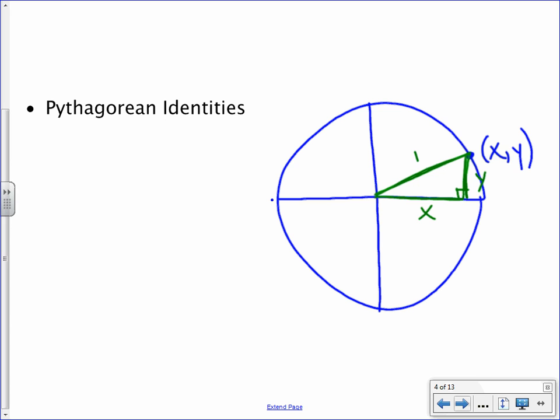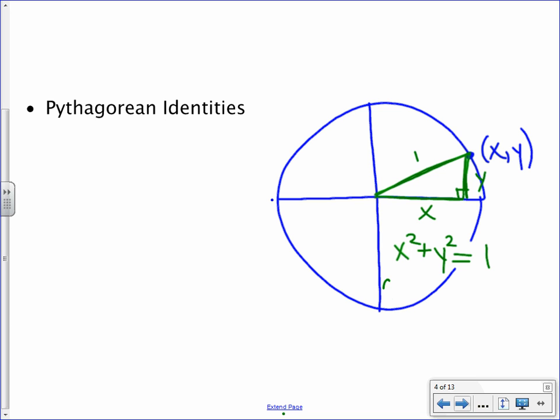You don't need to write this down right now. We're just going to think about this. Pythagorean theorem. X squared plus y squared equals 1. You agree? Okay. The x in the unit circle, what does it represent?